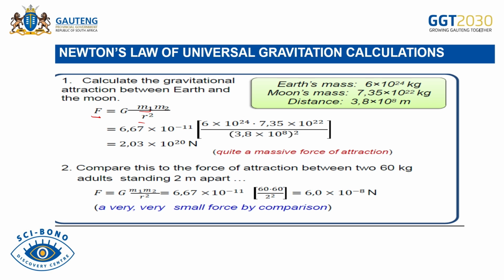But in the first scenario that I gave you, where you have the Earth and the object, object A, the distance that was given was from the surface of the Earth to the center of that object. So you can't say you are given r, right? r, remember, is from center to center. So please be careful, learners, when it comes to the issue of distance. It's where learners lose marks.